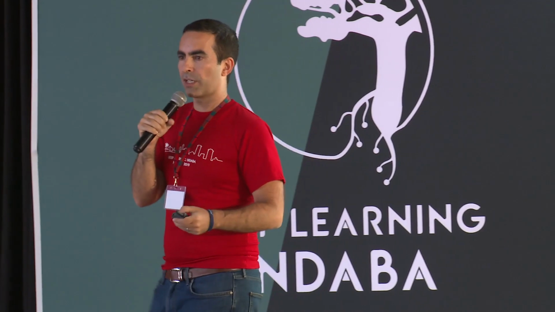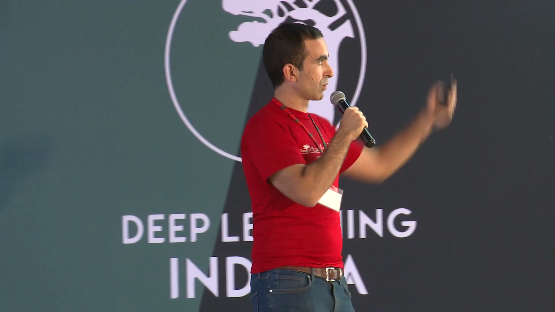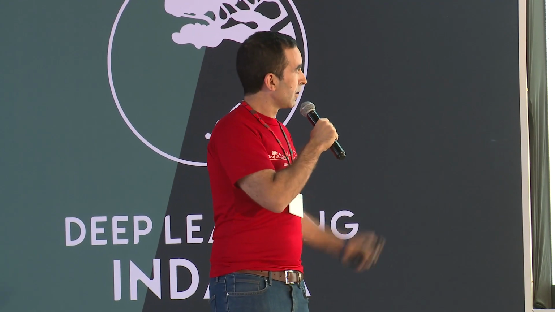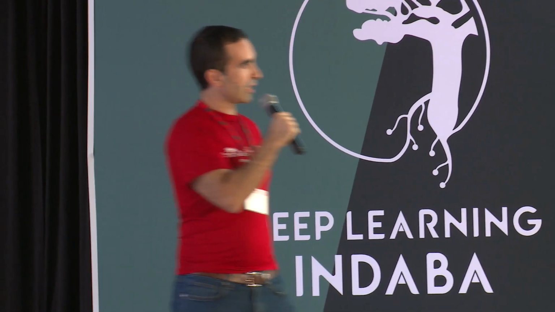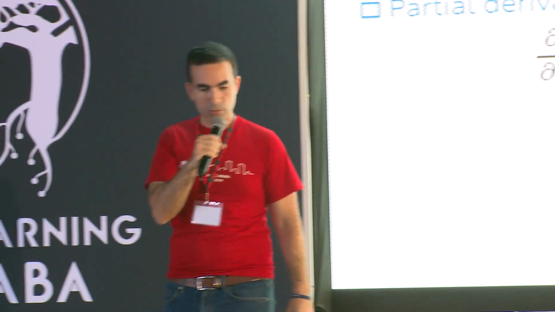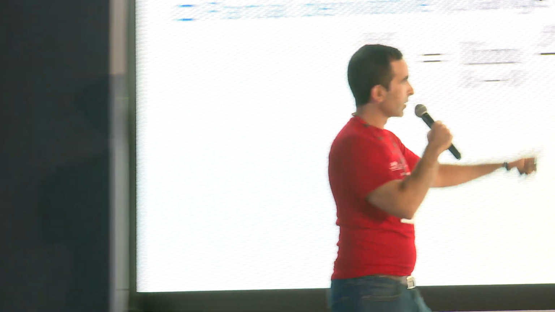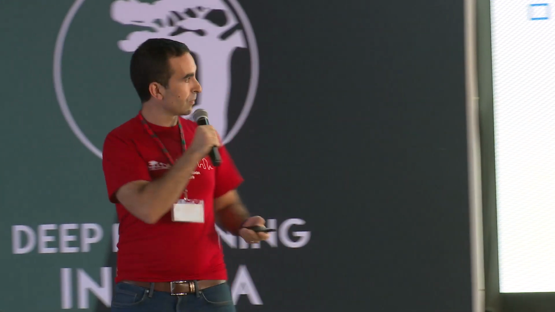Where things get interesting, obviously, is that in machine learning we have multiple parameters, multiple variables. So let's look at a case where we have n dimensions in the input and only 1 dimension in the output, which is R. The partial derivative is exactly like before, but I'm perturbing just one variable.